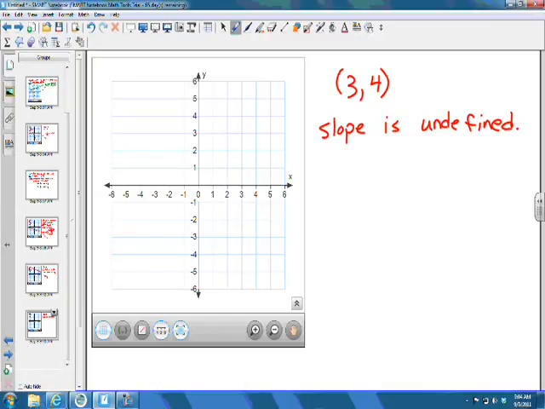We can easily graph our 3, 4. Slope is undefined. What's that mean? Vertical line. Doesn't get any easier than that. So you put your 3, 4, and you draw your vertical line. If you didn't know what undefined slope meant, could you get that down? No. So that's what you have to know. Undefined means vertical.